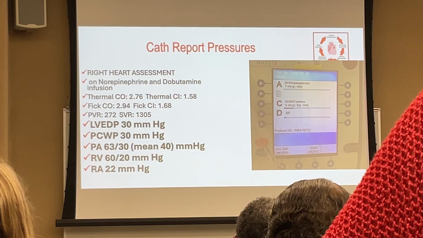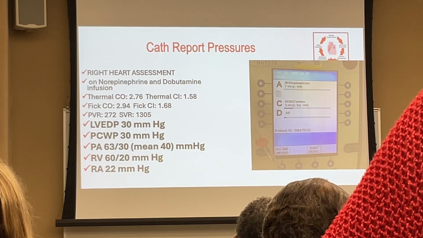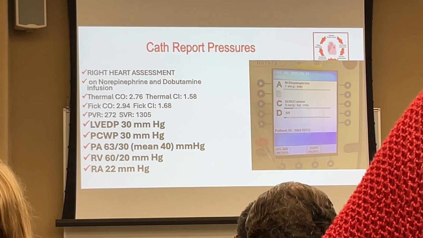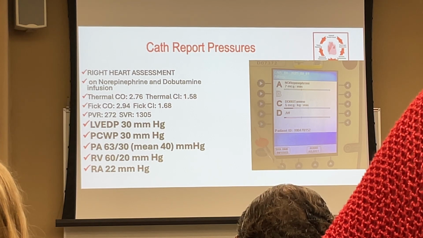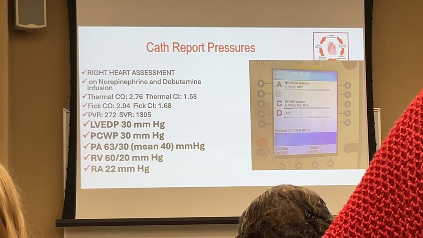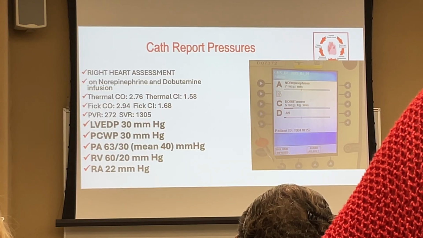When the pulmonary artery pressure is high, that affects your right ventricle. And remember, the right ventricle has already had an infarct in the inferior and posterior surfaces, both of the left ventricle and the right ventricle. And right atrial pressure now is 22. So your patient has left ventricular failure and right ventricular failure and cardiogenic shock.